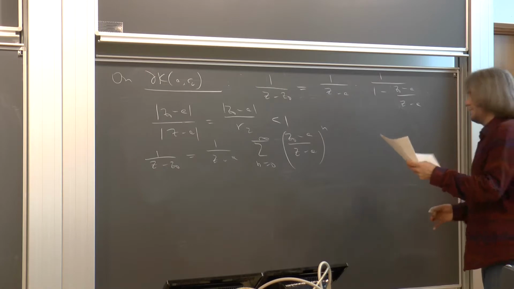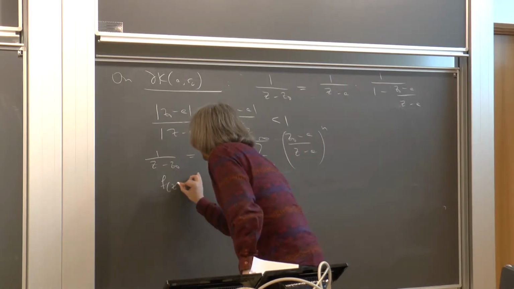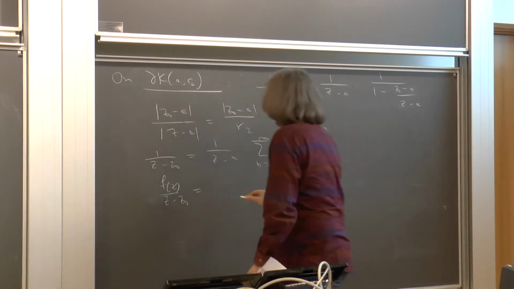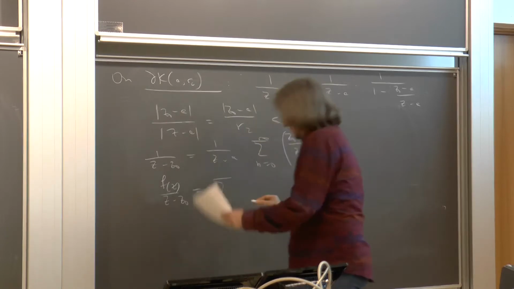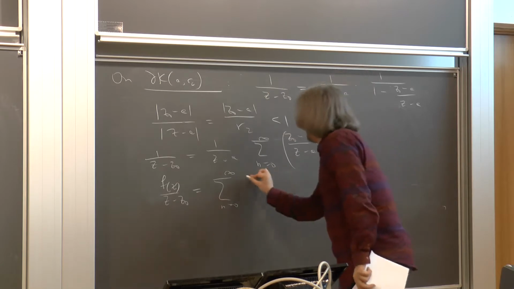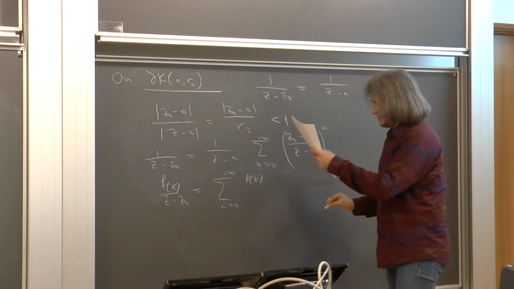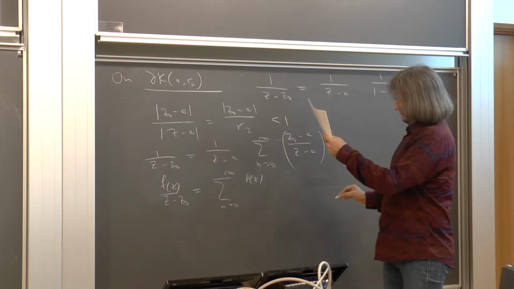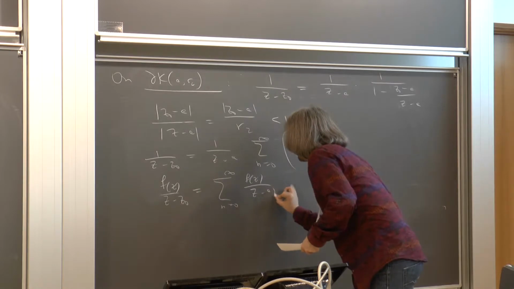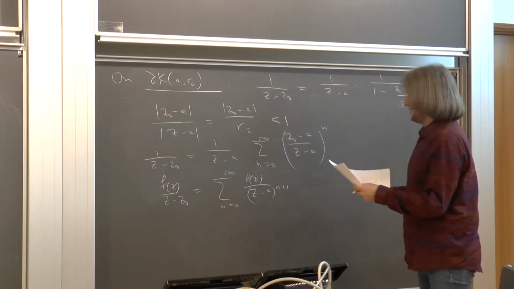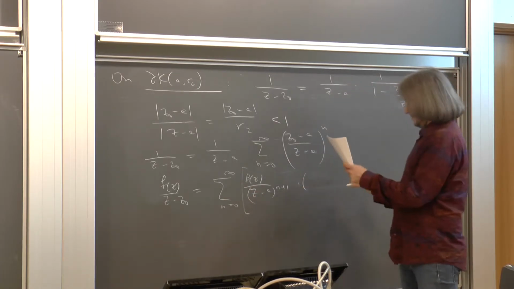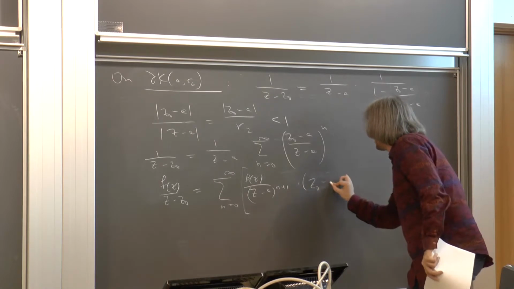Then f of z over z minus z naught is the sum over n from 0 to infinity of f of z over z minus a to the n plus 1 times z naught minus a to the n.